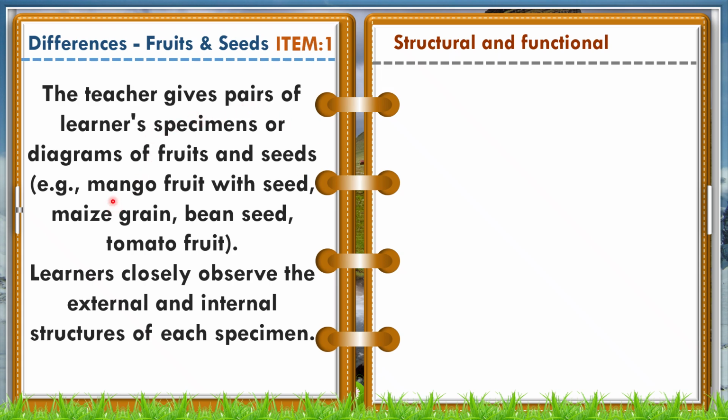For example, mango fruit with seed, maize grain, bean seed, and tomato fruit. Learners closely observe the external and internal structure of each specimen. Tasks.